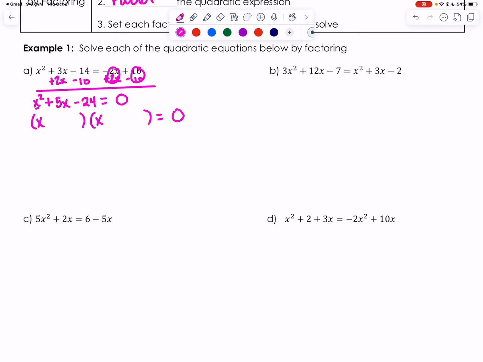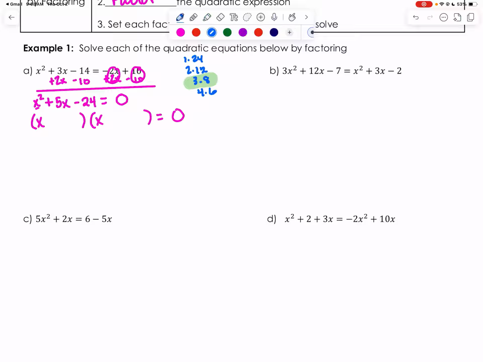Now, to get to your last term, negative 24, I could use 1 times 24, 2 times 12, 3 times 8, or 4 times 6. Now, to choose which one of those to use, I want to look at this middle term. I want to know which of these terms could result in positive 5 when we add them. So the only pair of factors that could result in positive 5 is 3 and 8.